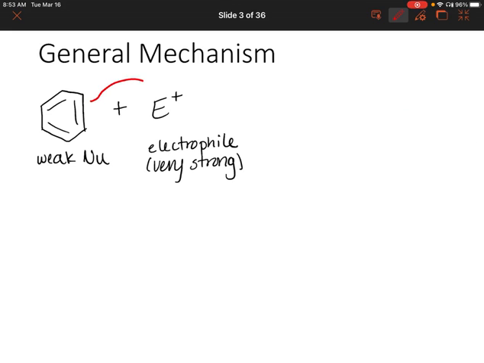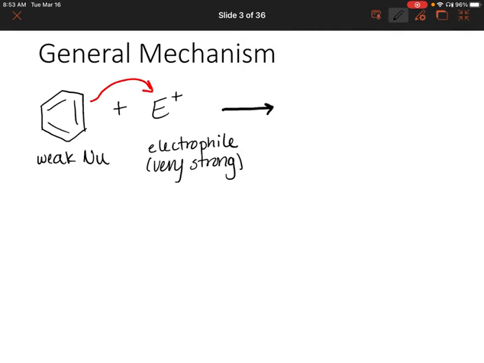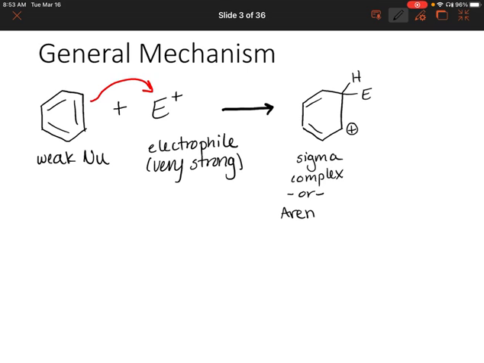All right, so benzene's going to attack that electrophile, and we're going to end up with an intermediate. All right, so this is called a sigma complex, or you could also call this an arenium ion.